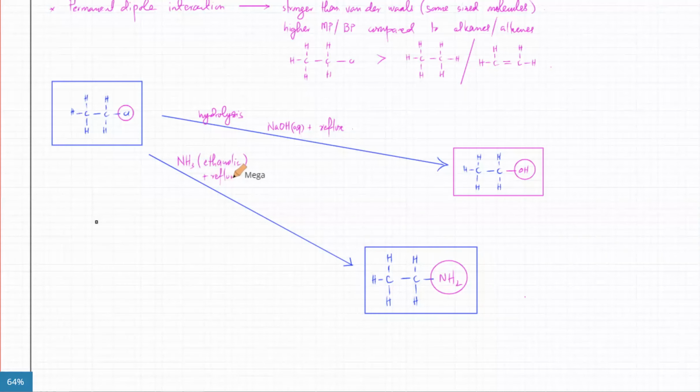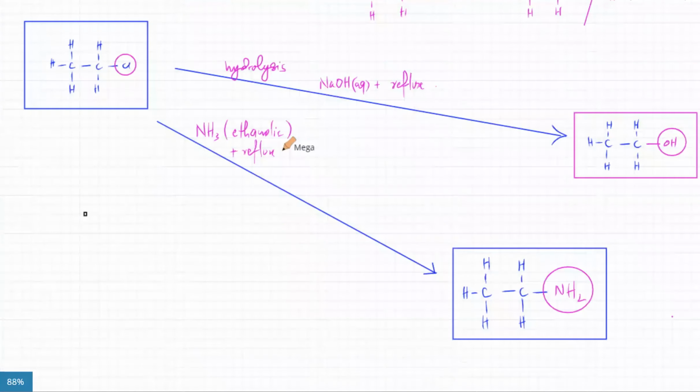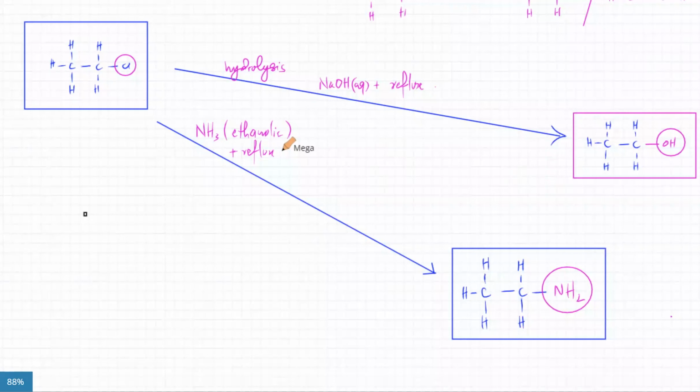What ethanolic means is that alcohol is used as a solvent, which simply means that water is avoided. Water is not used to prevent hydrolysis.